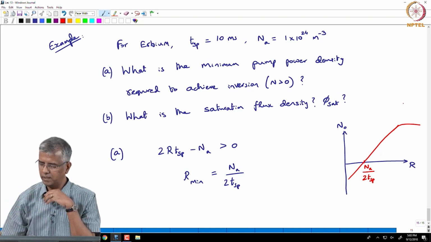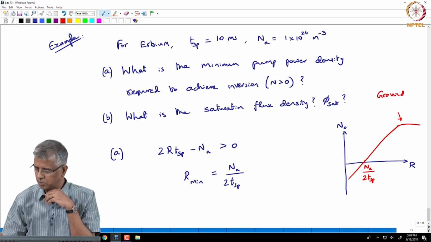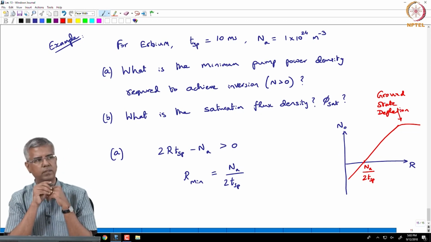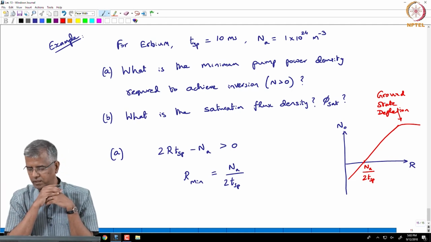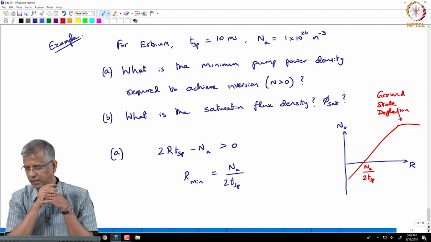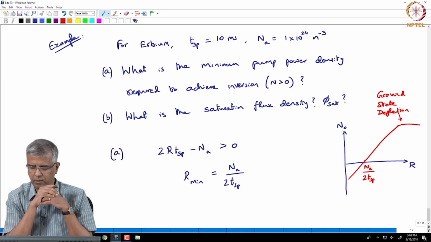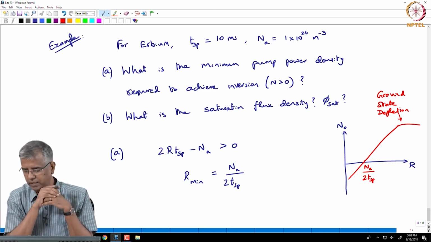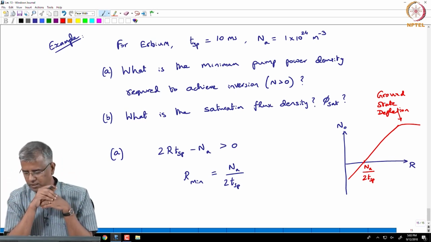So, this is basically due to what is called ground state depletion, right. So, every gain medium is going to have a finite number of these atoms, and beyond a certain pump power level you are going to deplete the ground state, and you are going to saturate the inversion, and because your inversion is saturated, your gain is also going to get saturated.